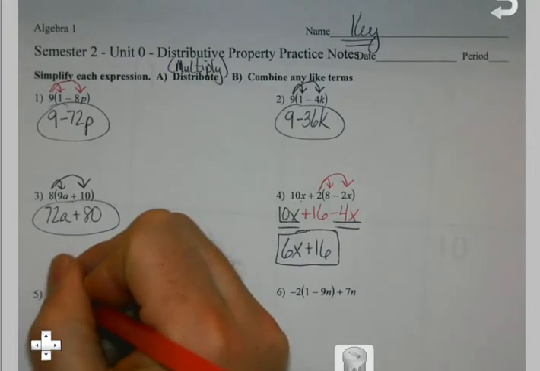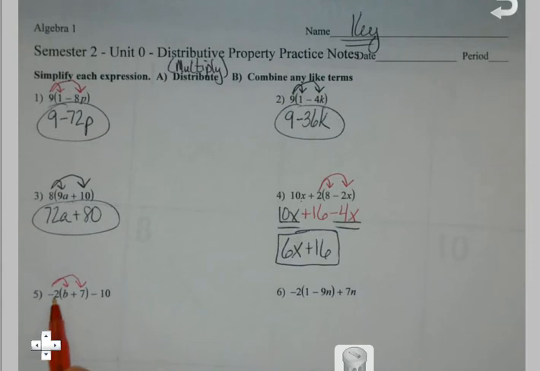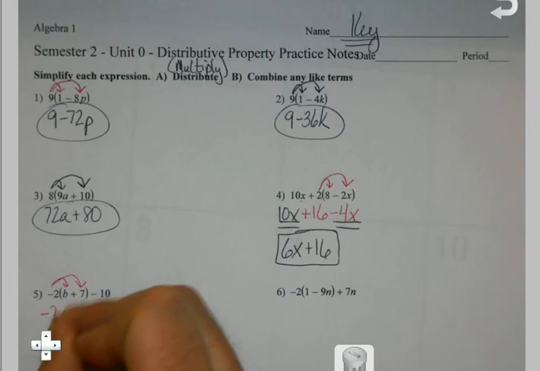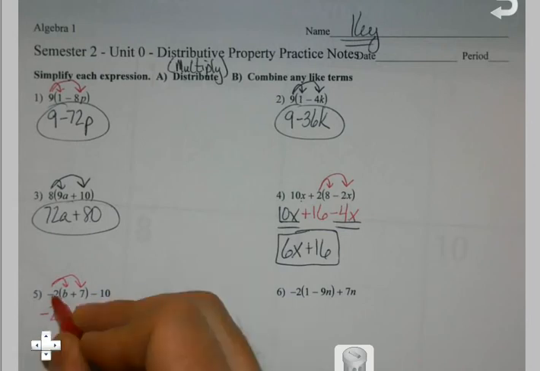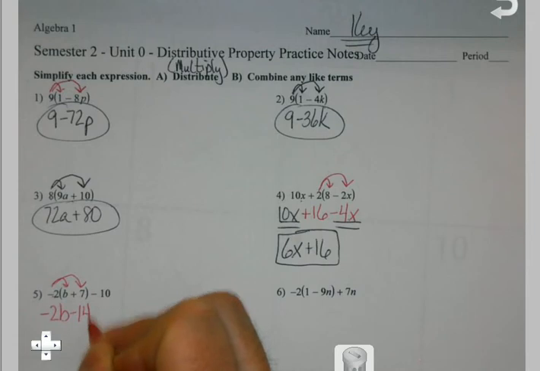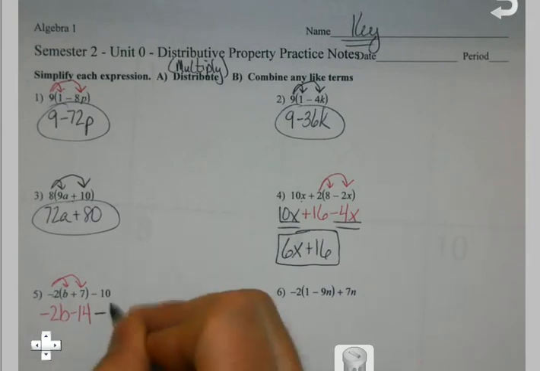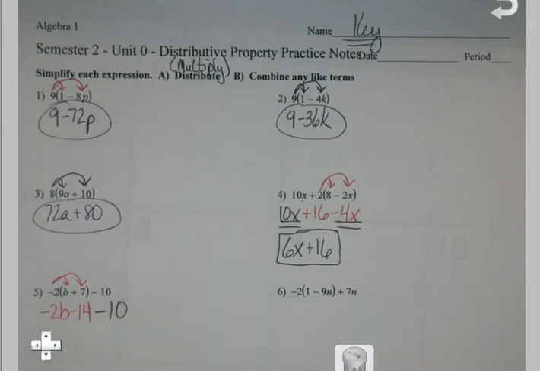We may get a negative to distribute. Again, notice I'm not distributing the negative 2 out here. It's not in the parentheses. I'm only going to multiply this number times each part that's inside the parentheses. And again, signs are important. So I can't just blow them off like nothing's going on here.